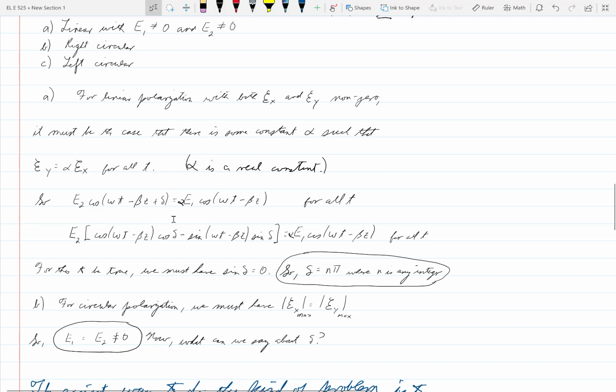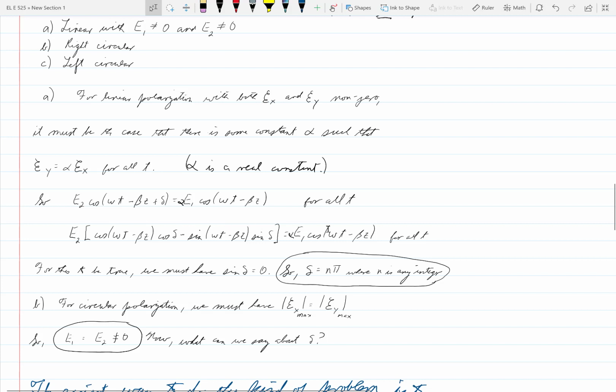On the left-hand side, we use the formula for the cosine of a sum to rewrite the term cosine of (omega t minus beta z plus delta). That becomes cosine of (omega t minus beta z) cosine delta minus sine of (omega t minus beta z) sine delta. On the right-hand side, we're left with alpha E1 cosine of (omega t minus beta z).